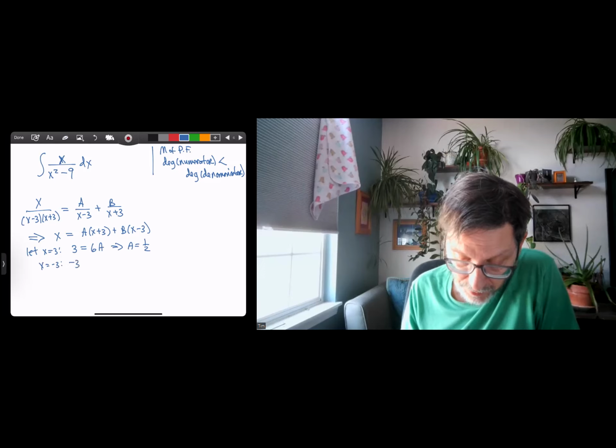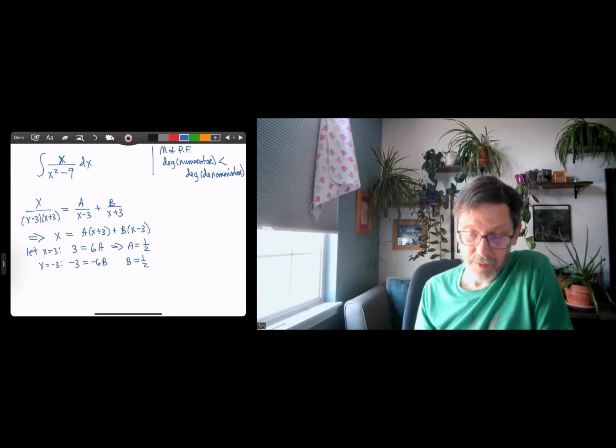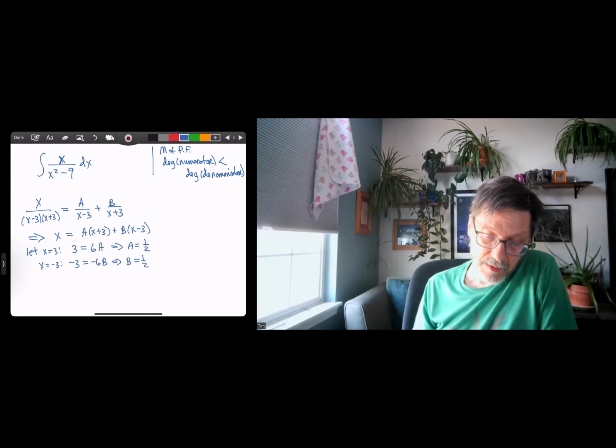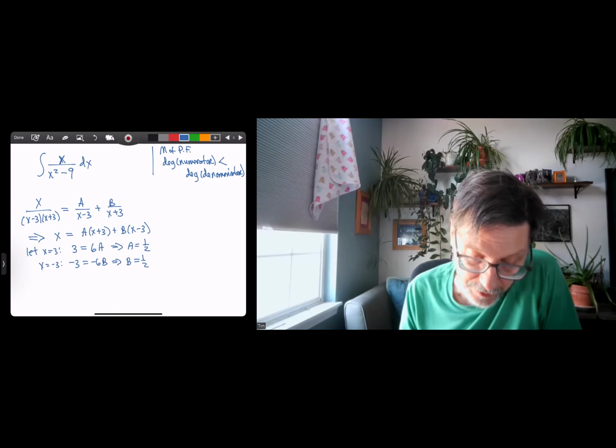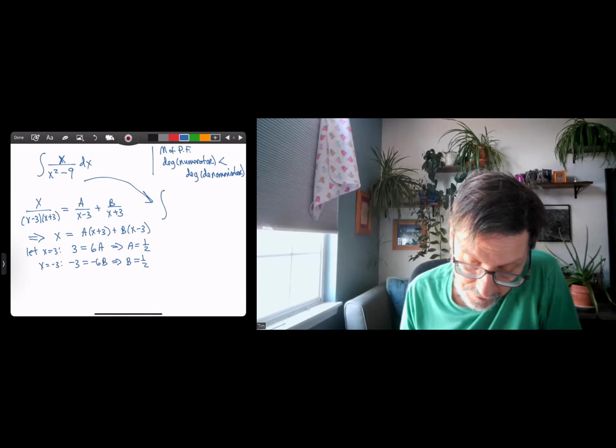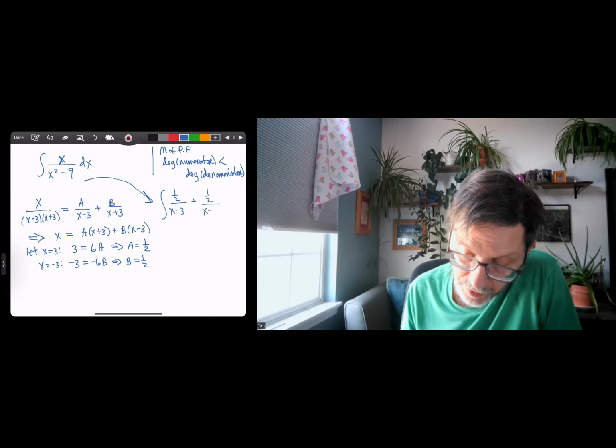And I've got -3 equals -6b. And so b equals a positive half as well. And my decomposition then is the integral of 1/2 over x minus 3 plus 1/2 over x plus 3 dx.